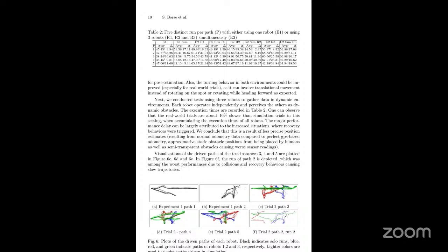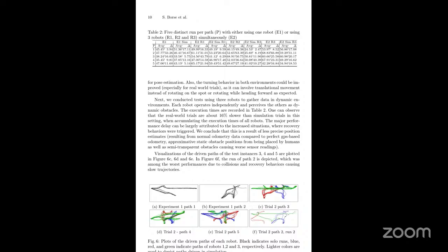Then E2 R1, real robot 1. Then E2 sim R1, simulation robot 1. Then E2 R2, real robot 2. E2 sim R2, simulation robot 2. E2 R3, real robot 3. E2 sim R3, simulation robot 3. P1, P2, P3, P4, P5: these are the 5 navigation paths. Each path they have repeated 5 times, and the time is shown here.